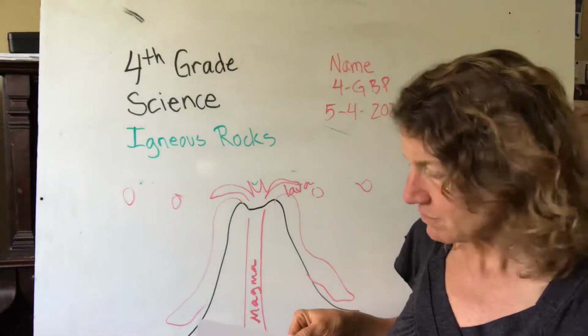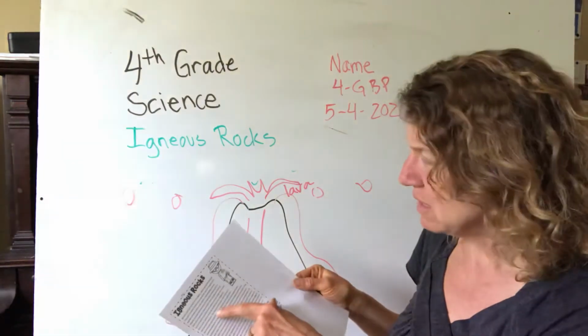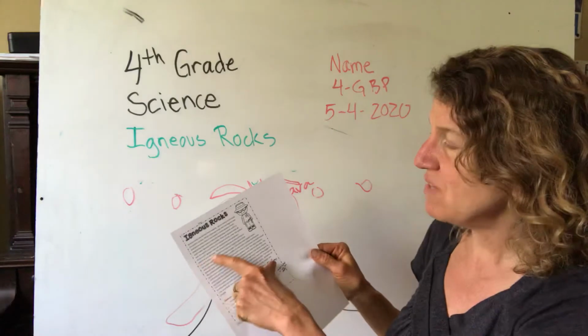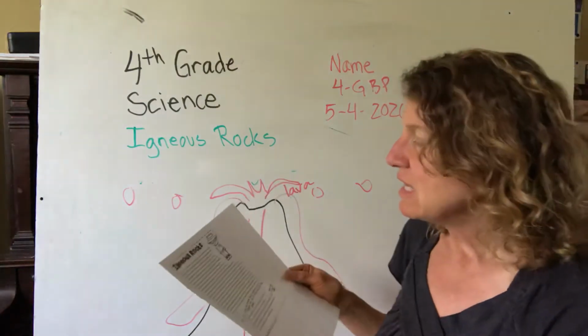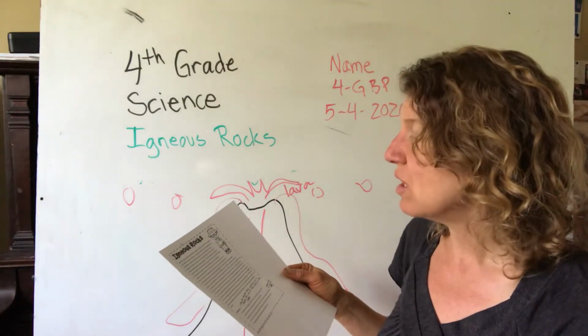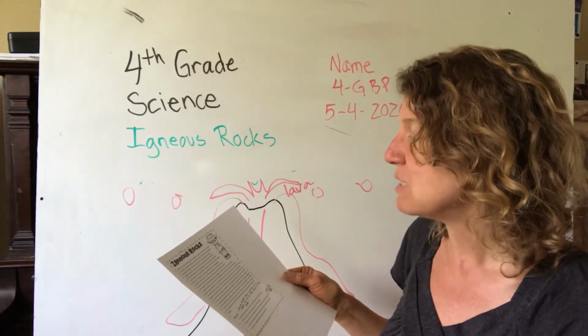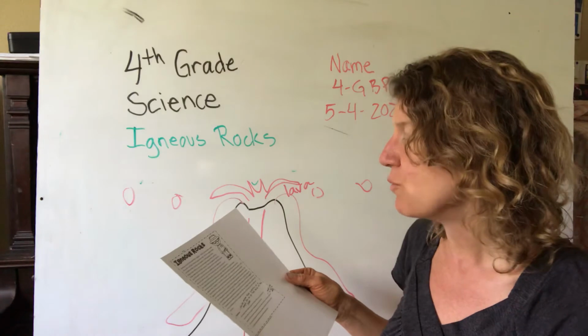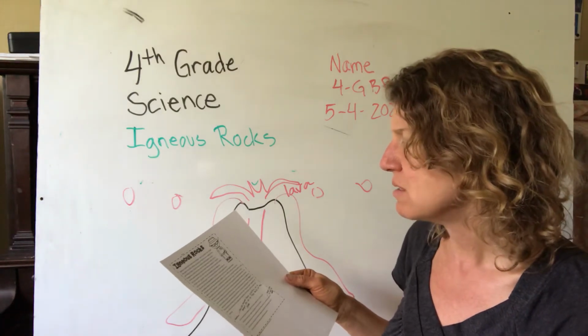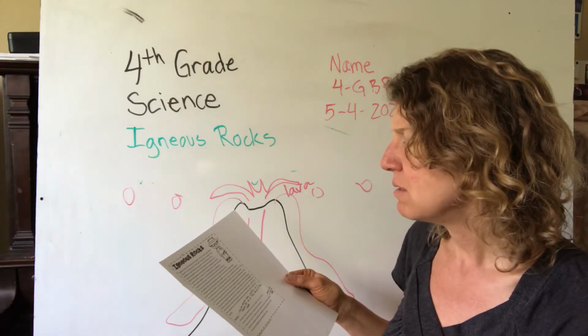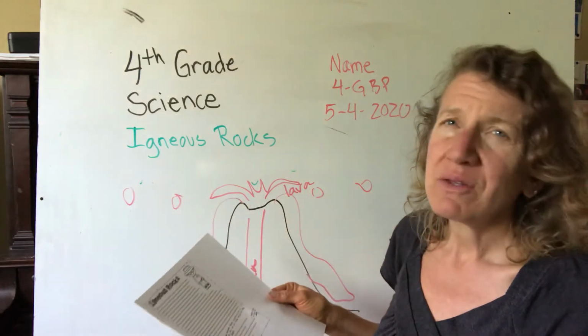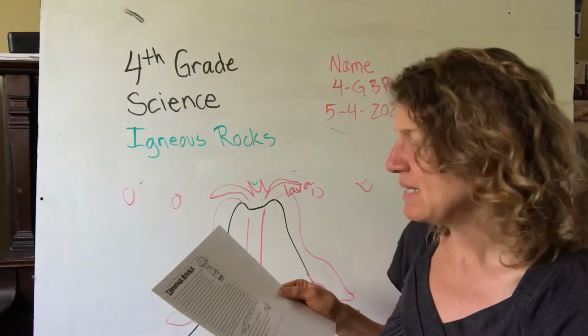Okay? Now I lost my place. Let's see. Extrusive and intrusive. The intrusive rocks are on the surface of the Earth and only show after the rock is deposited above them or eroded away by the weathering process. That's a little confusing to me. I'm going to read that sentence again.